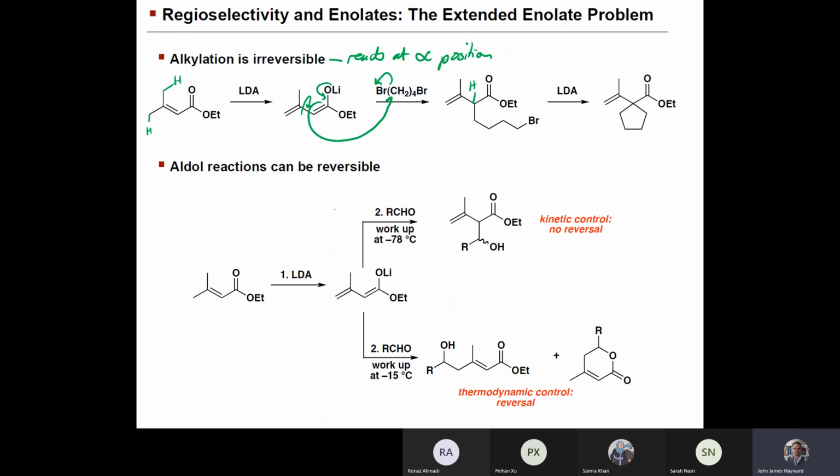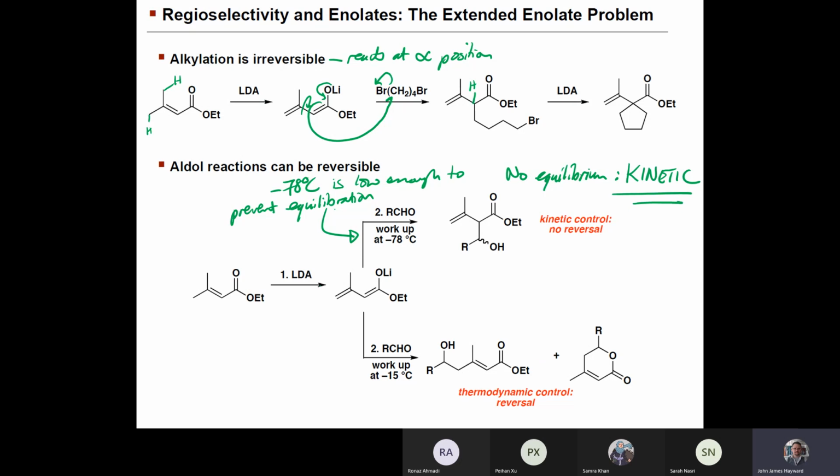We generate the same dienolate, and if it reacts with the aldehyde at the alpha position, that can work if you do the workup at minus 78 degrees C. Minus 78 degrees C is low enough to prevent equilibration. Okay, if there's no equilibrium, we are talking kinetic.